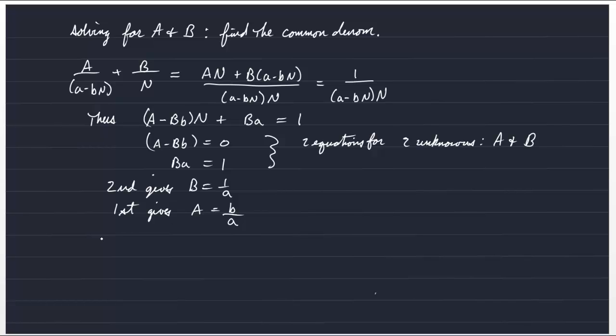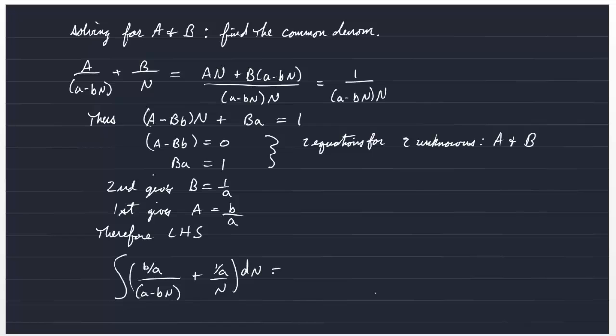And therefore, the left-hand side is the integral of (b over a, that's what A was, over (a minus b times n), plus 1 over a over n), all times dn.